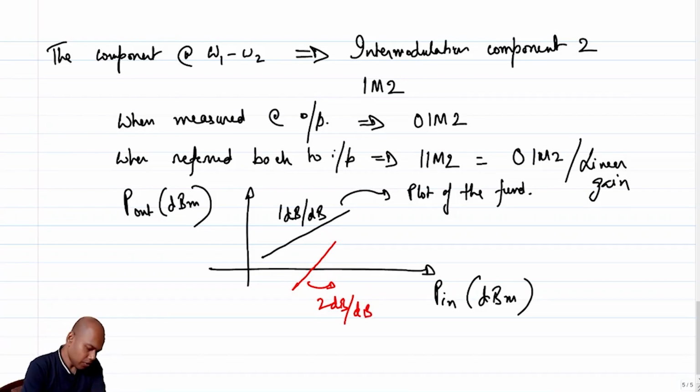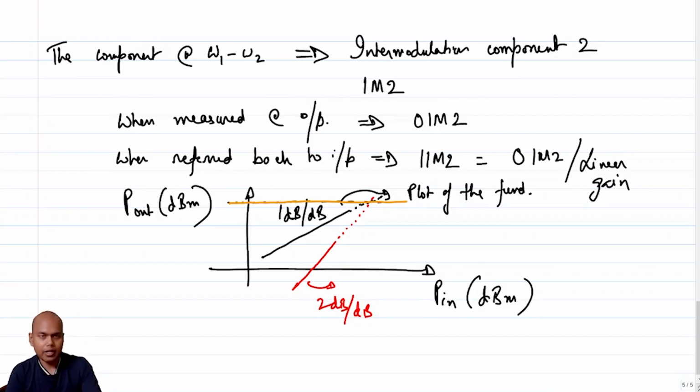Now, if you keep increasing these amplitudes, these two plots are eventually going to meet. The point where these two extrapolated plots meet is called a second order intercept, for IM2.